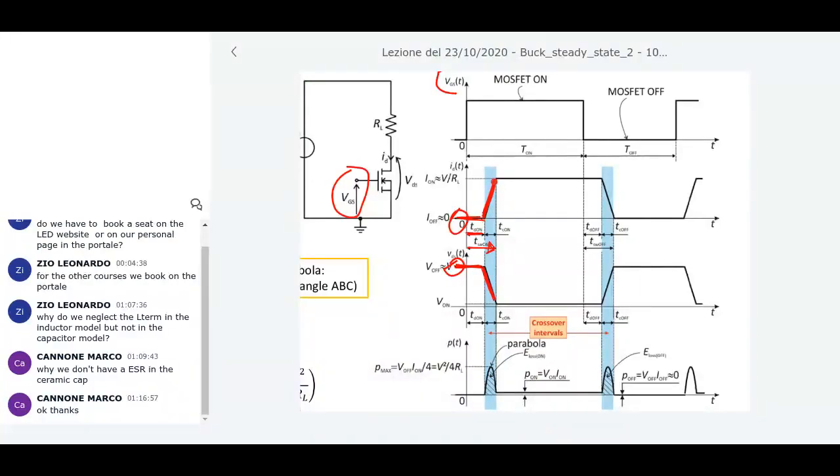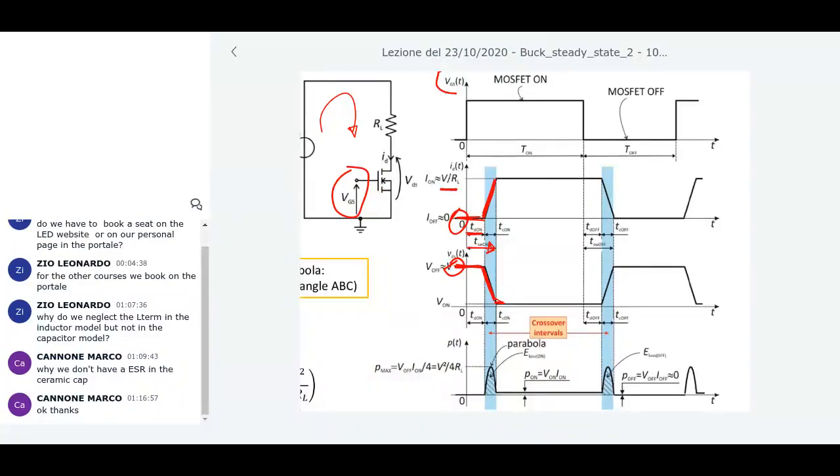It's more or less a short circuit, so the current is about V divided by RL, and the voltage is more or less 0, or V on, because we have a resistance. So it's not exactly a short circuit. The MOSFET here is on.